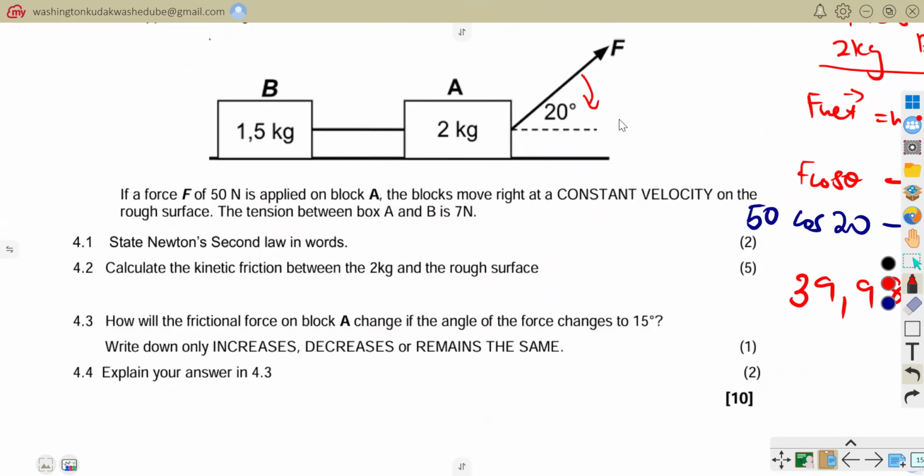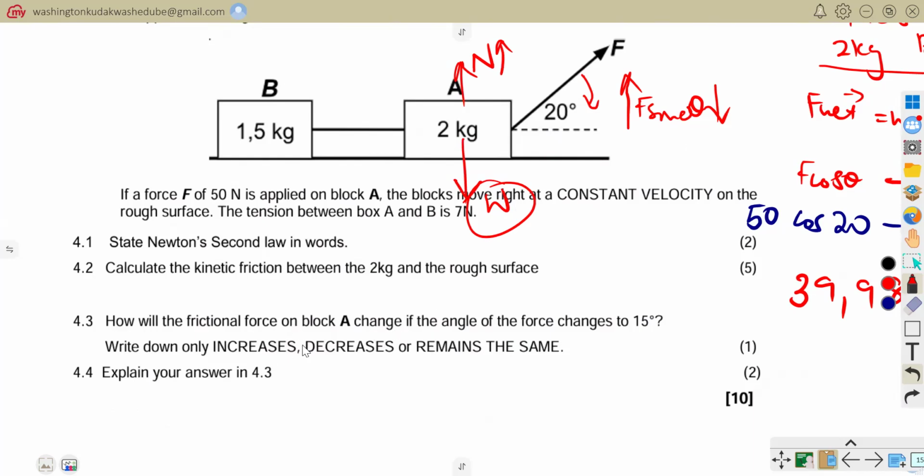If this angle decreases to 15, it simply means that your F sin theta is going to decrease. When it decreases, the force that is needed to balance our weight, now it is the normal force and this force, decreases. So if this decreases, our normal force is going to increase.